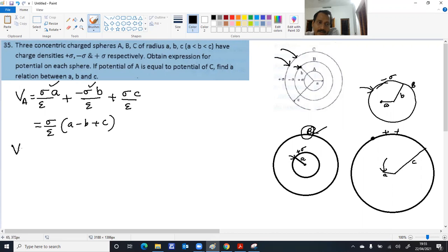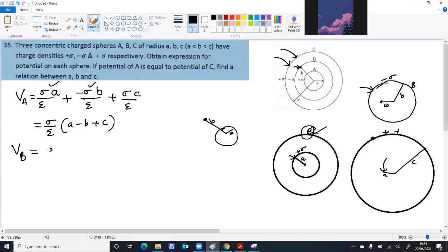Now I'll try writing, you can check, the potential on B. What's the contribution of potential on B due to the inner sphere? This inner sphere, the radius is A, and the point is here, at a distance B. How do you find it for a point outside the sphere?